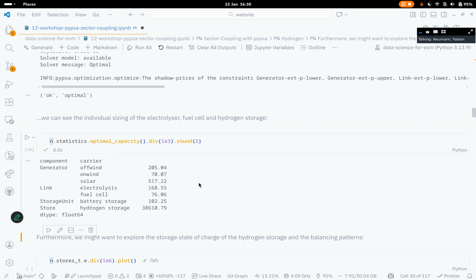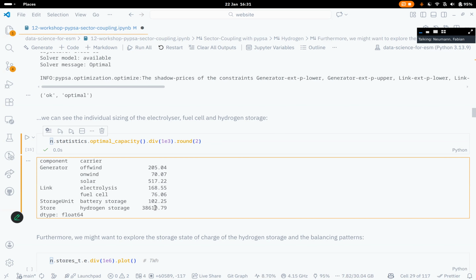So it can take in 1 hour 76 gigawatt hours of fuel, and you have to multiply that with the efficiency to get the rated capacity in terms of bus 1, in this case the electricity bus. It's just a matter of definition, just something that one has to take care of when looking at these values.